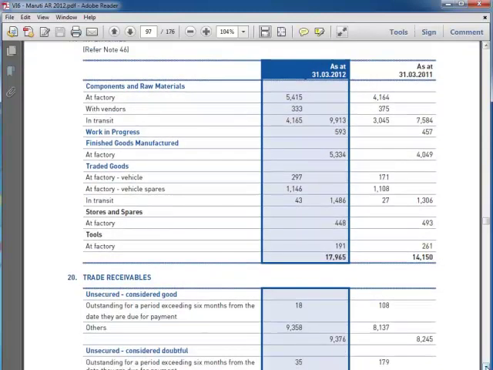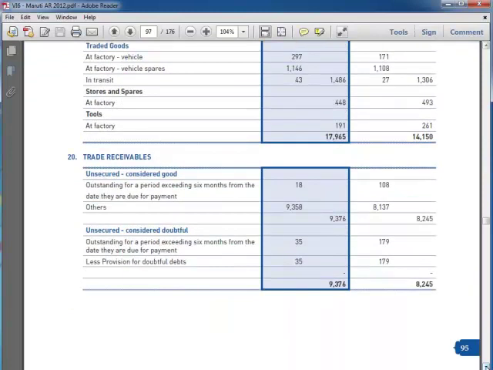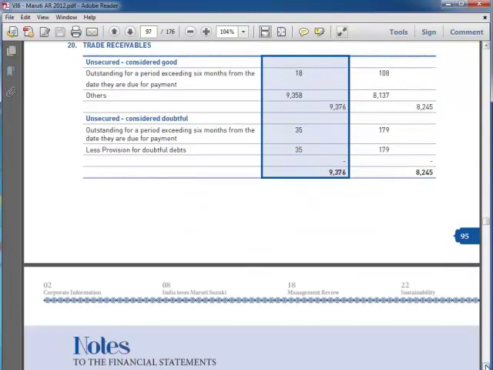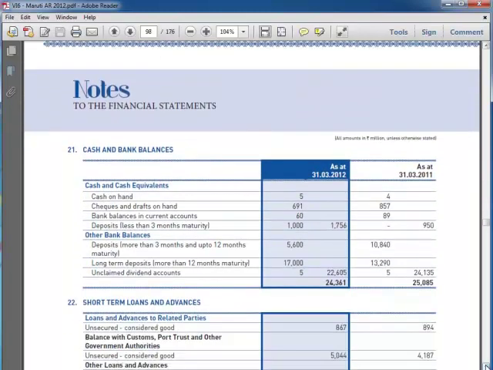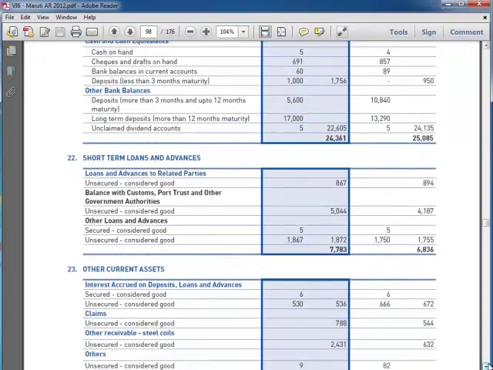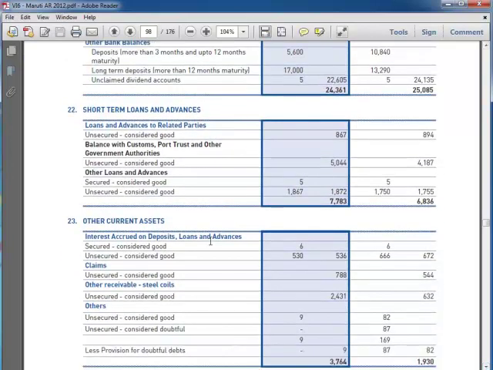And we have trade receivables, so this is money that they are owed, and you can see it's broken up into considered good and considered doubtful. And then we have cash and bank balances, where you can see what makes up their cash balance. Point 22, we have short-term loans and advances. Point 23, we have other current assets. And again, both of these are divided into considered good and then considered doubtful.